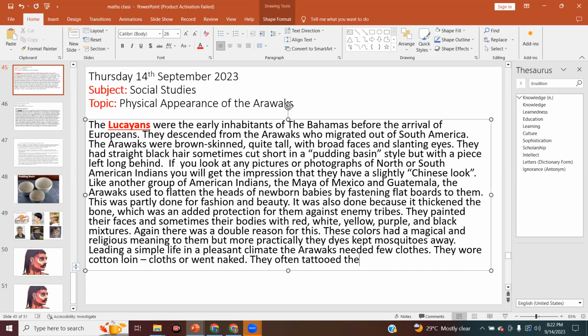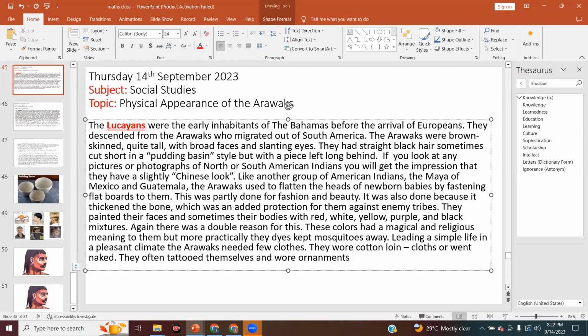They often tattooed themselves and wore ornaments. What are ornaments? Like necklaces they made out of bush or something like that.